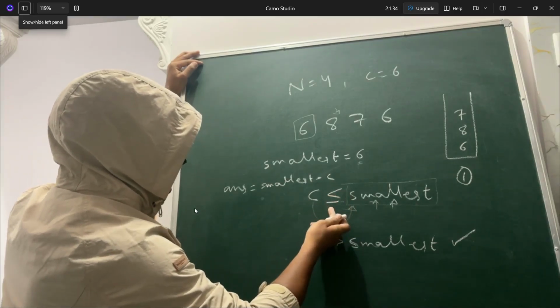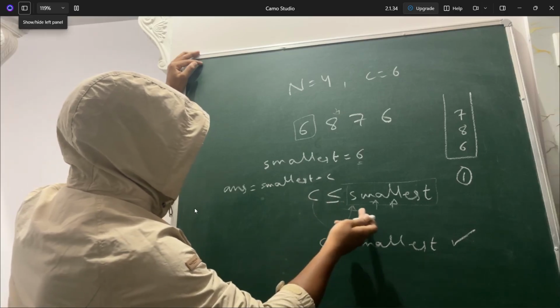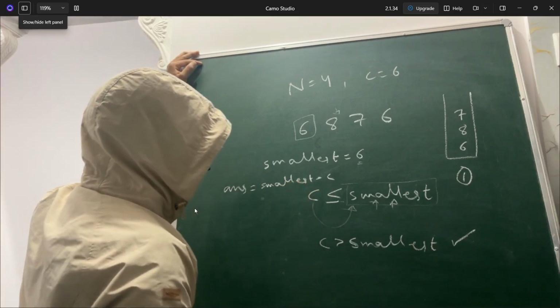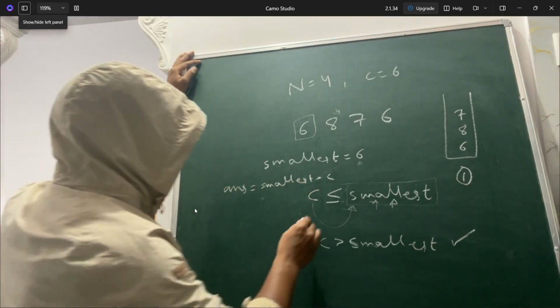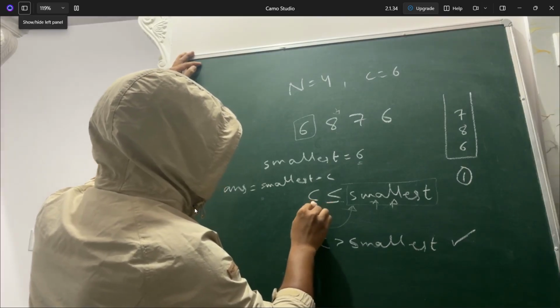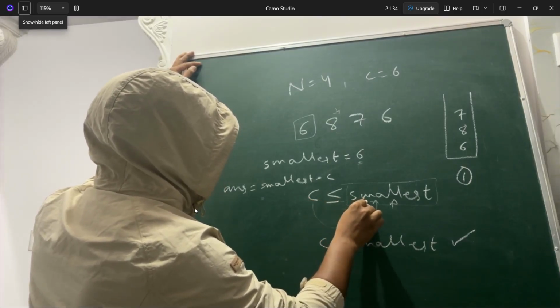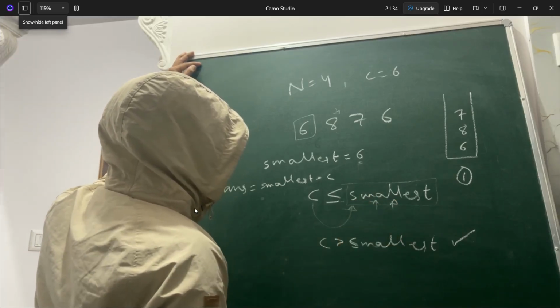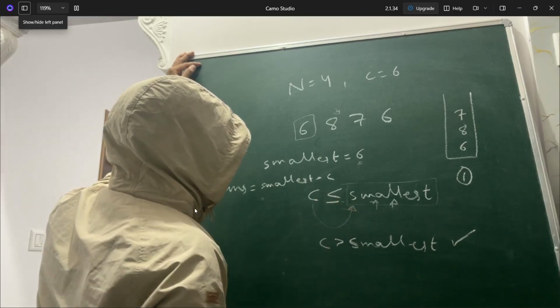If it is equal, in that case you will be purchasing 0. Smallest minus C, since both are equal, will be 0. Which is true, the number of cookies she initially has is equal to the number of cookies her friend has, the smallest cookies. So both are equal, so in that case you will be purchasing 0.